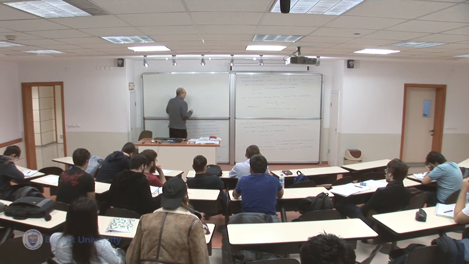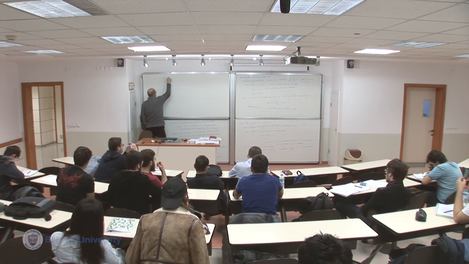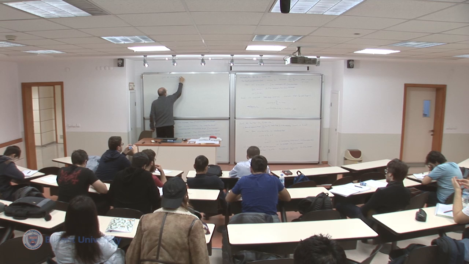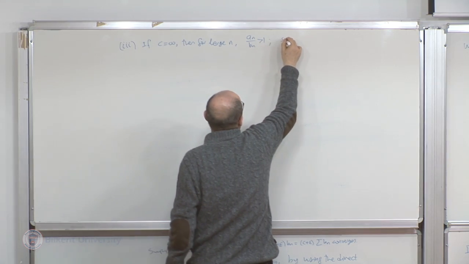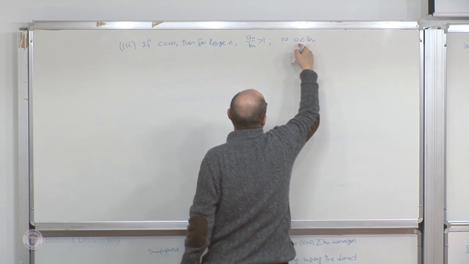So the third part: if C is infinity, then for large n, An over Bn is larger than 1. So we have 0 less than Bn less than An. We know that Bn are positive, that's why I'm writing this.